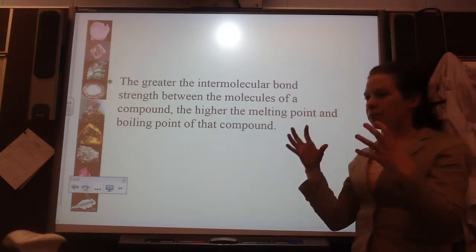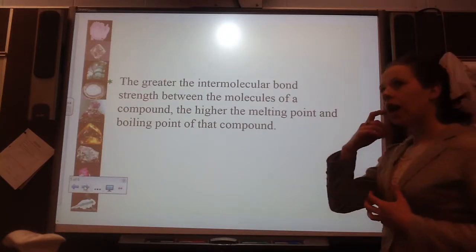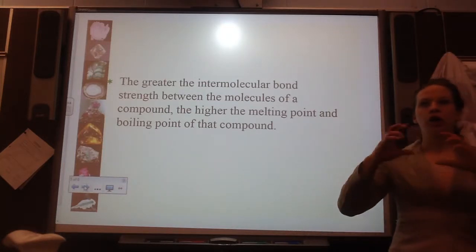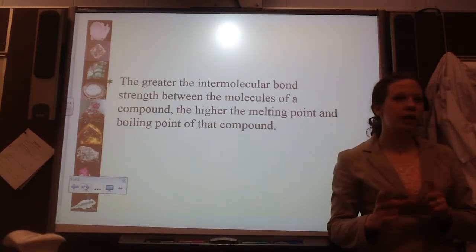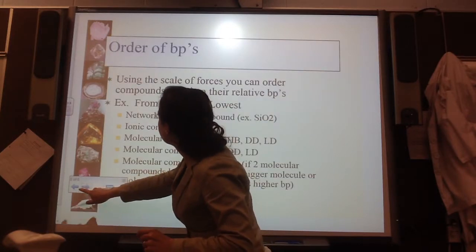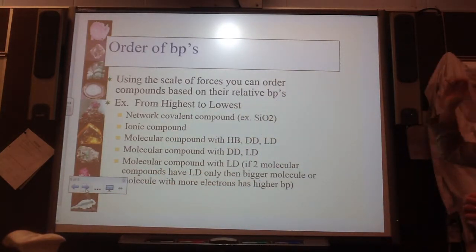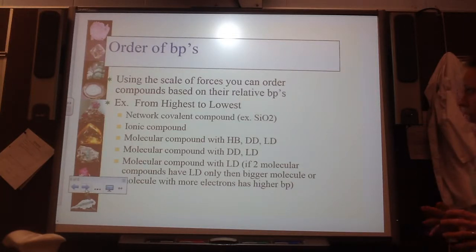So this is kind of the premise of what we're going to apply now, and we're going to analyze boiling point and melting point of different compounds, and we're going to look at the intermolecular forces that are happening in those compounds. So using your scale of forces, you can order compounds based on their relative boiling points from highest to lowest.